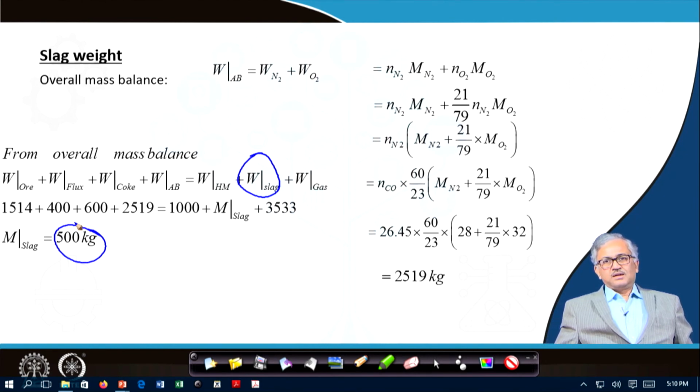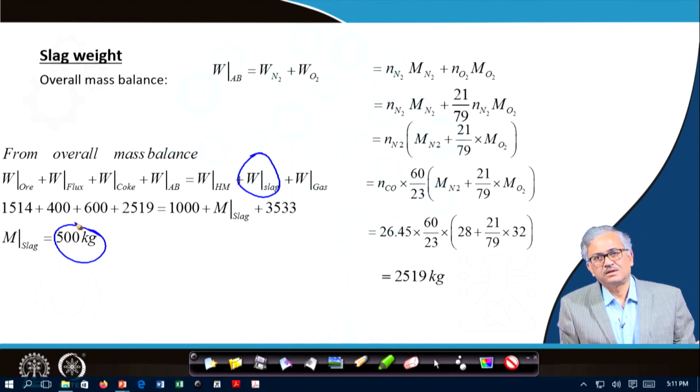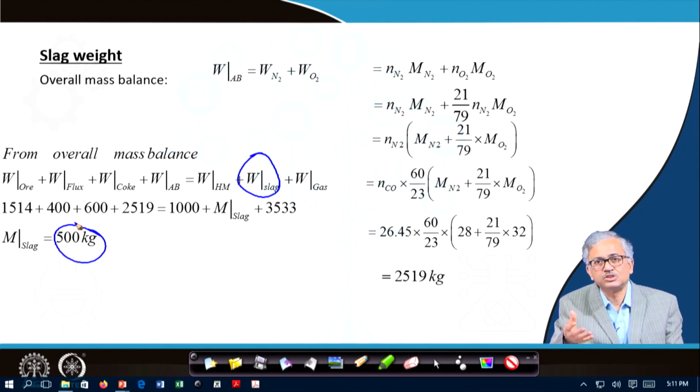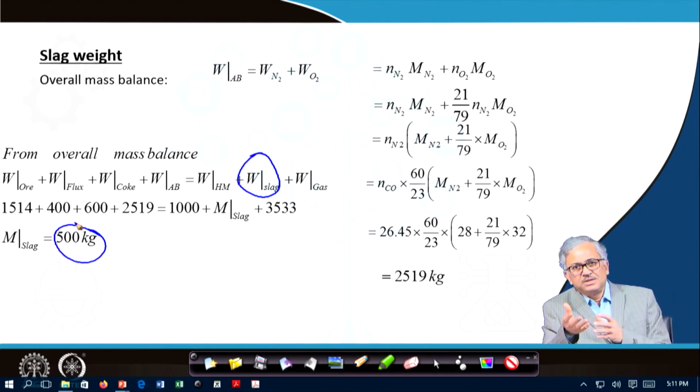This is the way you can calculate the slag weight, just by making an overall balance. In industry you are sometimes required to calculate the material balance, and by material balance you can always calculate the slag weight. This balance is fine, and there should not be any chance of error, and it should match the experimental value. It is very difficult to determine the slag weight experimentally, because at the slag metal interface there is always some intermixing, and the exact value of the slag is difficult to get.